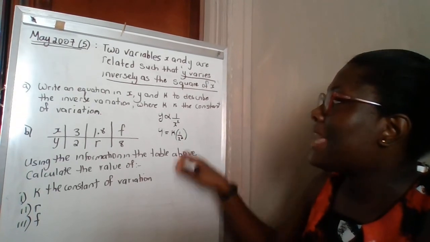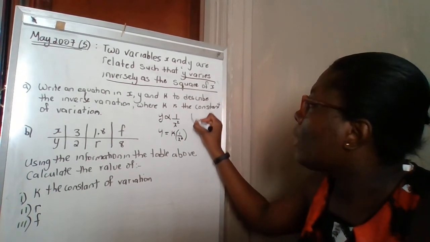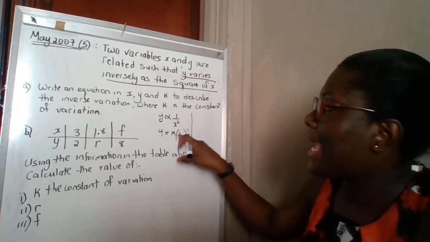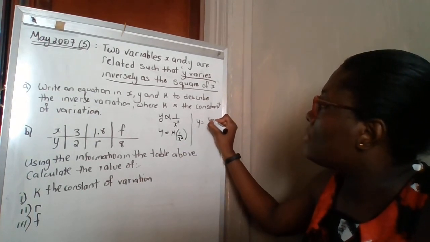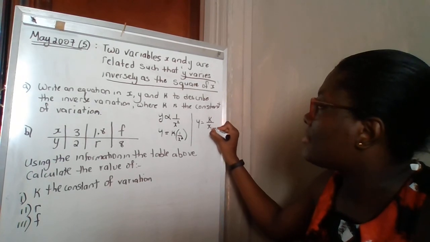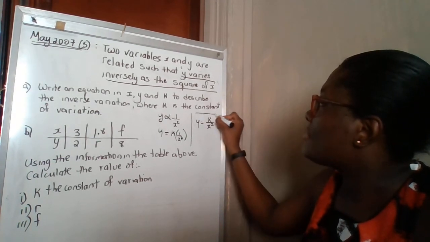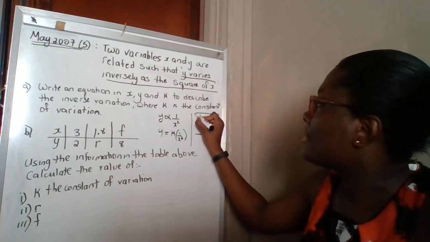This can be left as is, or we can go further and multiply k by 1, which is a numerator, and I will have y is equal to k over x squared. So this is my final answer.